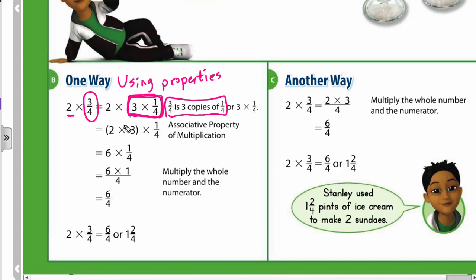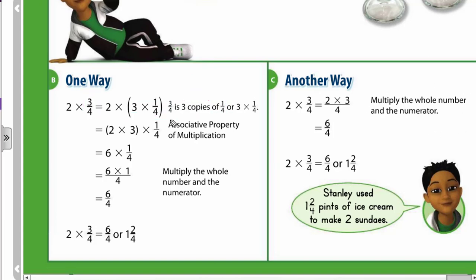So, we need to use properties to multiply the whole numbers 2 and 3. So we get them together, and this is associative property. When we have 3 numbers multiplying, we can change the place of the brackets, the parentheses.